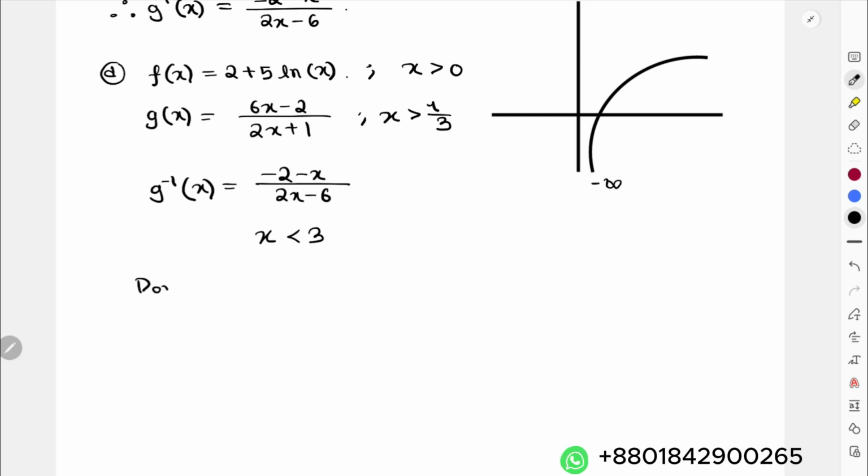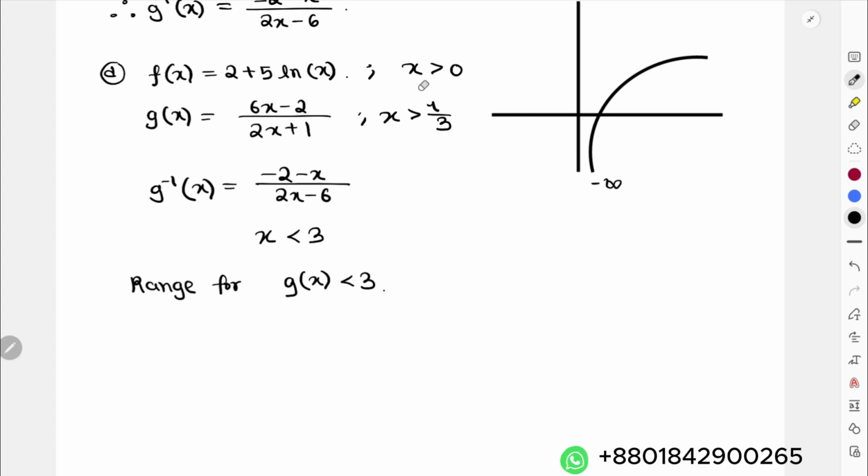That means the range for g, sorry, not domain, range for your g(x) over here is going to be less than 3, right? So this is the range for g(x) less than 3, and one range that we also get for your f, right?